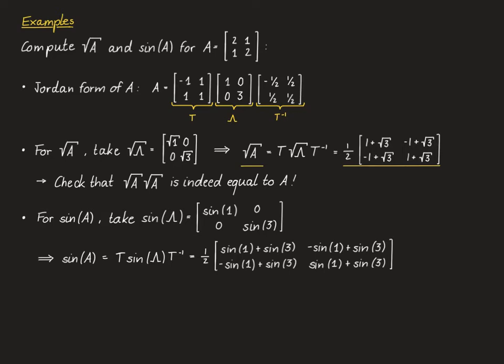Then we obtain the sign of the matrix A by multiplying the sign of Lambda on the left with T and on the right with T inverse. And if we do that, this is the result that we get for the sign of A. Again, notice that this sign of A looks very different from just taking the sign of each of the individual values of A, which would be the wrong approach.